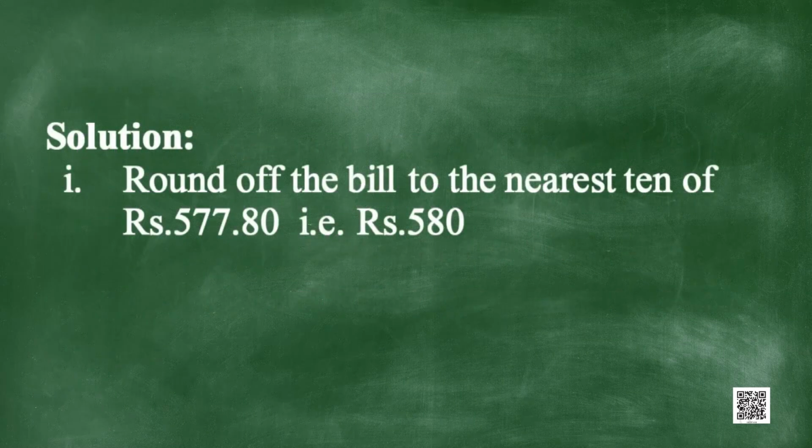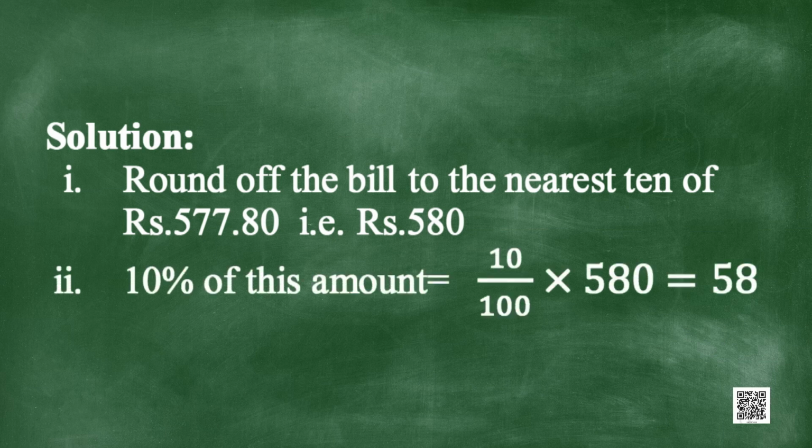Students, to estimate the amount to be paid, let us round off the bill to the nearest 10 rupees. 577.80 is rupees 580. Now, let us find 10% of this amount, that is 10 by 100 of 580, which is equal to 58.